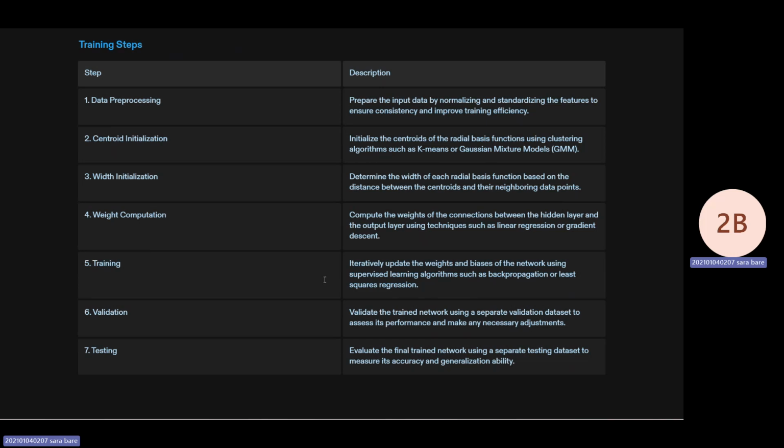Next is the validation. Validate the network using a separate validation dataset, assess its performance, and make any necessary adjustments. So testing. Evaluate the fine-tuned network using a separate testing dataset to measure its accuracy and generalization ability.